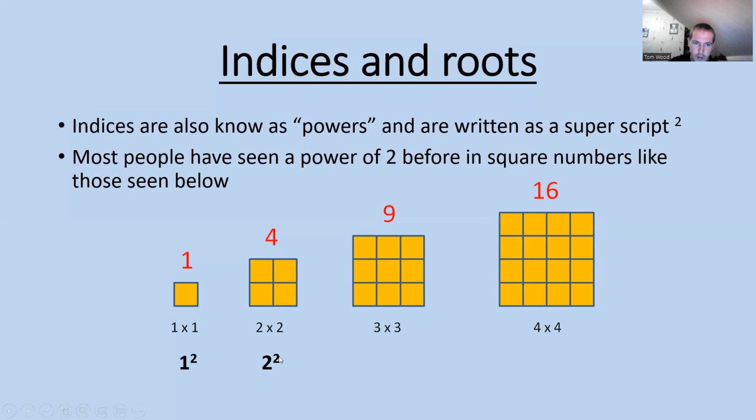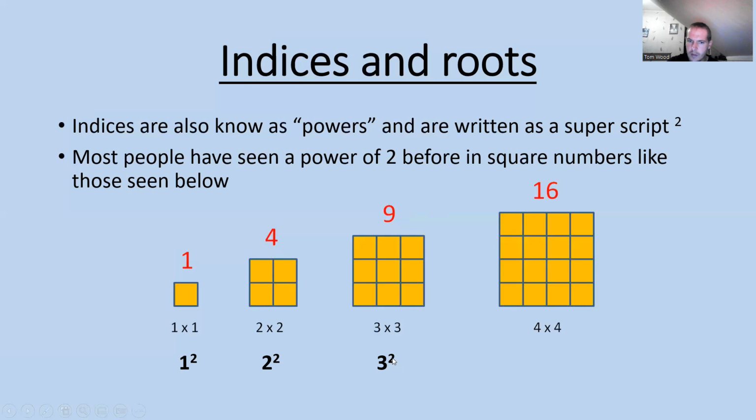So that 2 there just means you've got this number multiplied by itself 2 times. It makes more sense here. If we're dealing with square numbers, always just imagine that you're making a square. I've got a 3 by 3 square here, so 3 squared is going to be 9.